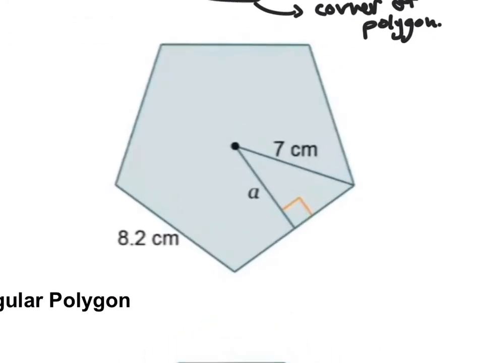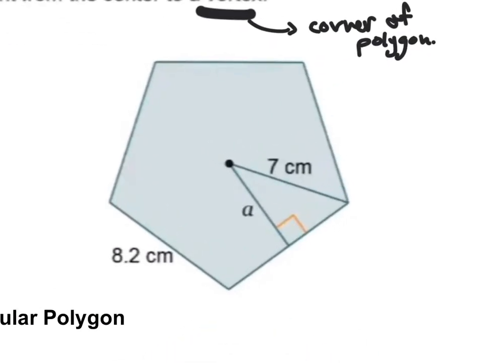Now, what I know is that if we have a regular polygon, all of my sides are congruent, okay? The other thing I know is that this apothem goes from the center and is perpendicular to one of the sides, so the apothem is really a perpendicular bisector, meaning it cuts it in half.